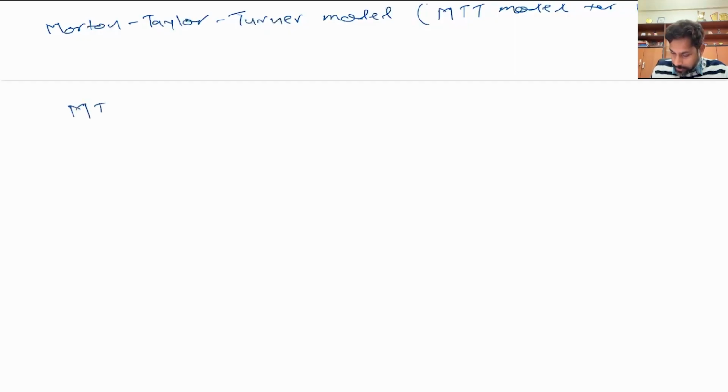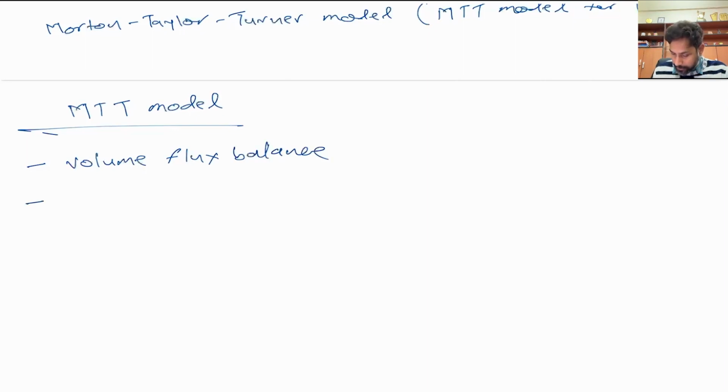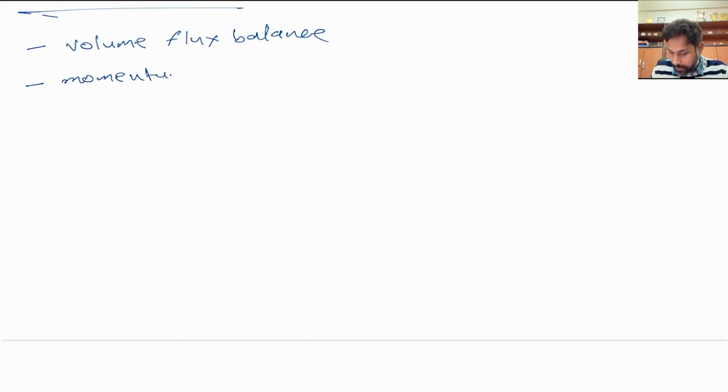Okay, so the MTT model starts with volume flux balance, and then momentum flux balance, and then buoyancy flux balance.